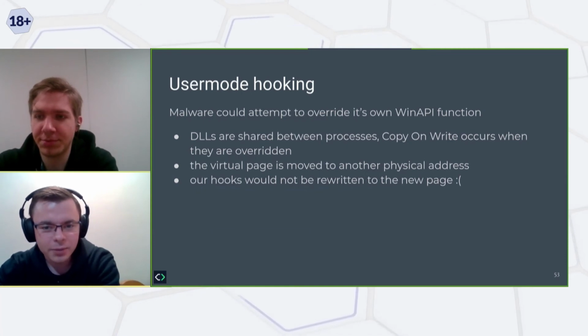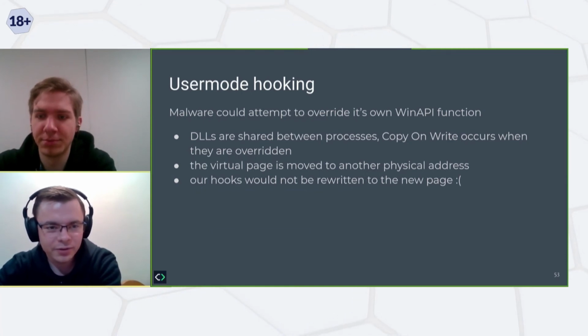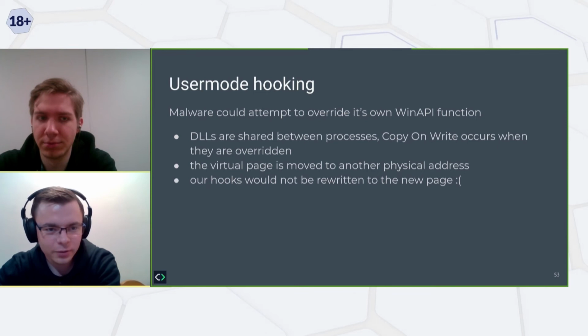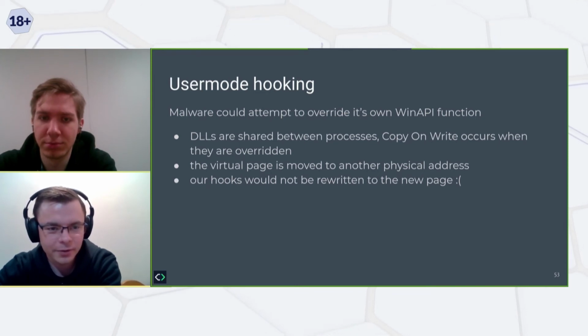Another problem with such hooks is that malware could attempt to override its own Win API function. And DLLs on Windows are shared between processes, so copy on write occurs whenever the DLLs are overridden. And then the virtual page is still on the same virtual address, but it's moved to another physical address.